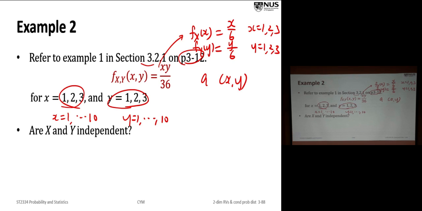So I work out the marginal of x and marginal of y. So marginal of x is x over 6, and marginal of y is y over 6, for x equal to 1, 2, 3, and y equal to 1, 2, 3. So in other words, now I check f of x, y is equal to the product of these two, for x equal to 1, 2, 3, and y equal to 1, 2, 3. Which means that x and y are independent.